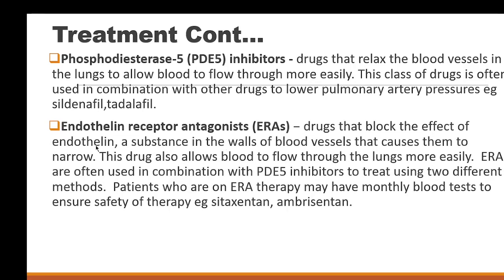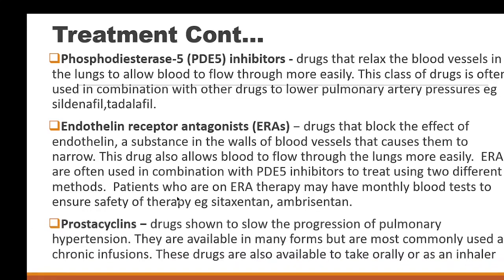Another treatment we can use is endothelin receptor antagonists. Another treatment we can use is prostacyclins. These are drugs shown to slow the progress of pulmonary hypertension. They are available in many forms, but are most commonly used as a chronic infusion. These drugs are also available to take orally or as an inhaler.